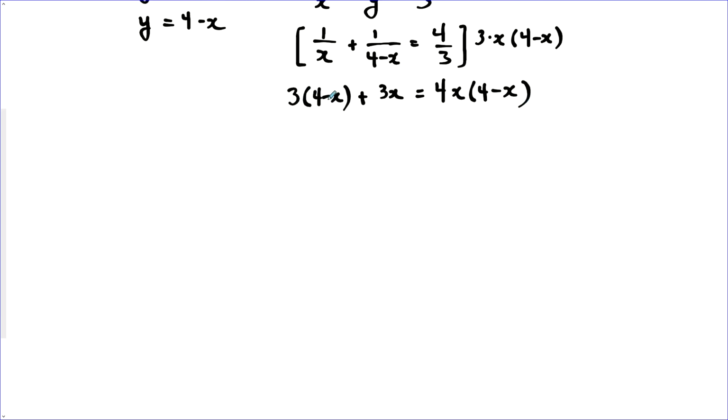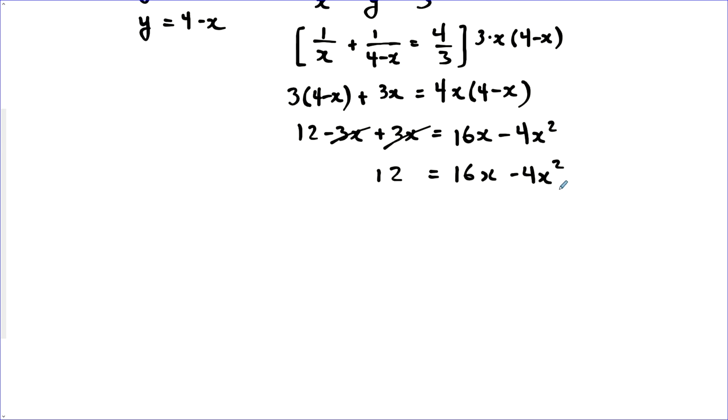Let's multiply in the coefficients, so we get 12 minus 3x plus 3x equals 16x minus 4x squared. First thing we see, minus 3x plus 3x cancels out. The next thing we see is this entire equation has a common factor of 4.